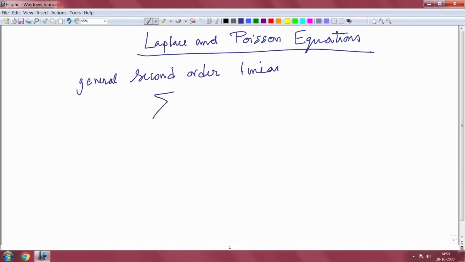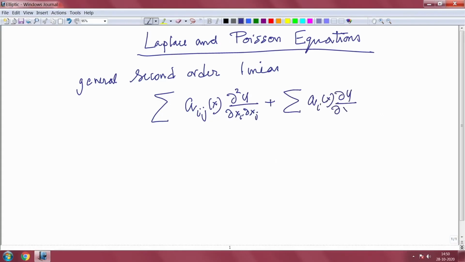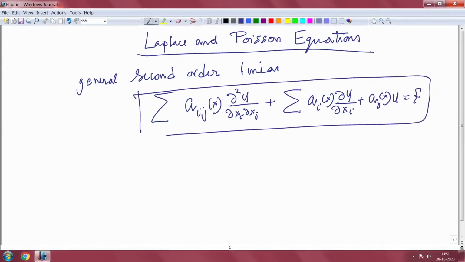The general form is sigma a_ij of x, d square u by dx_i dx_j, I am just recalling what you already know here, plus sigma a_i of x, du by dx_i, plus a naught of x u equal to f. This is the general form of equations. Here i, j varies from 1 to n.